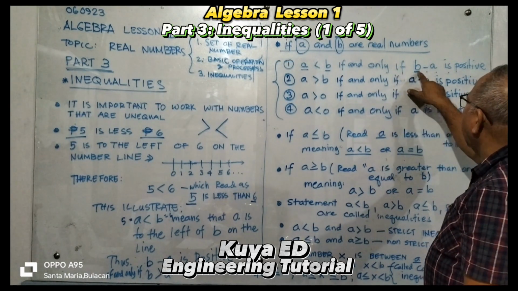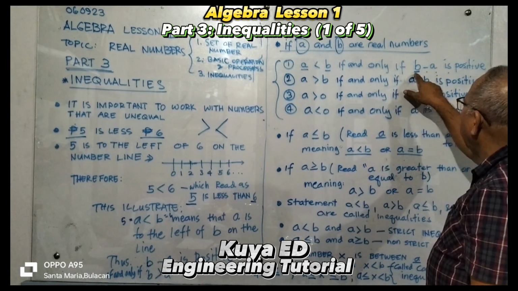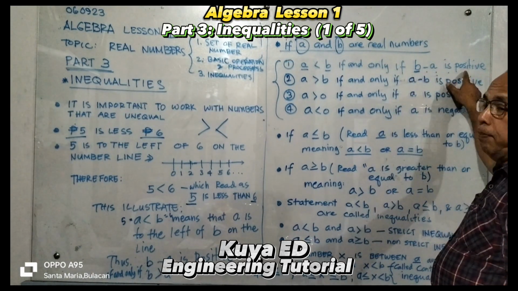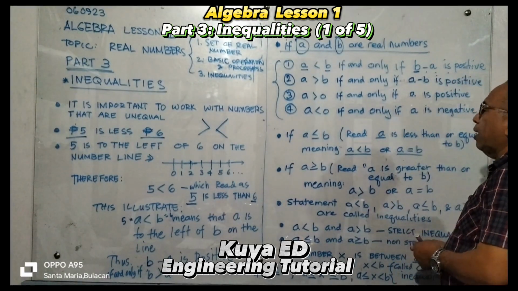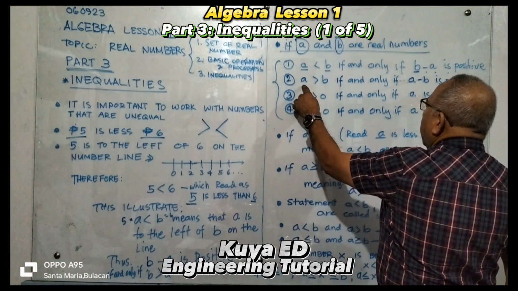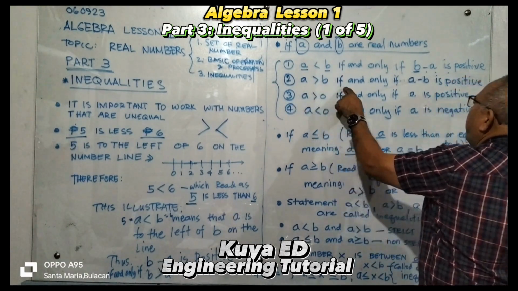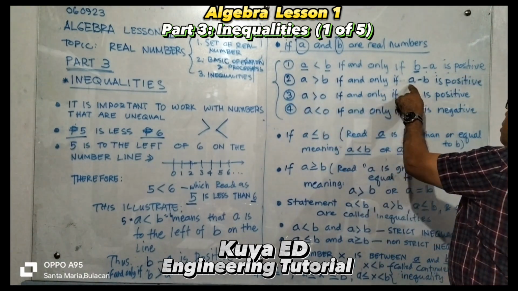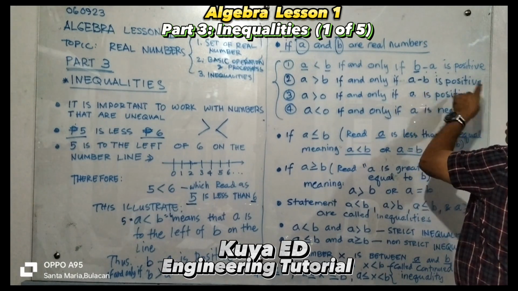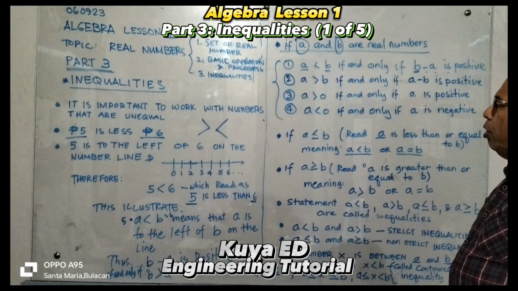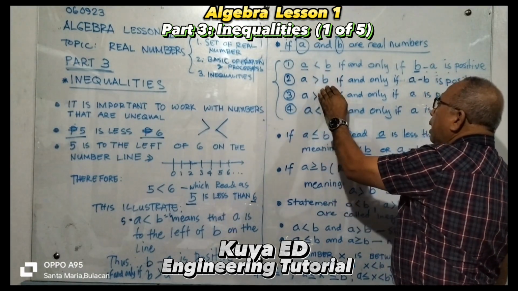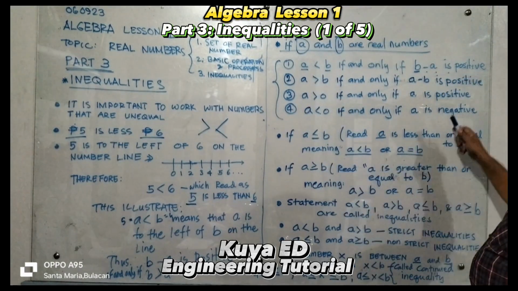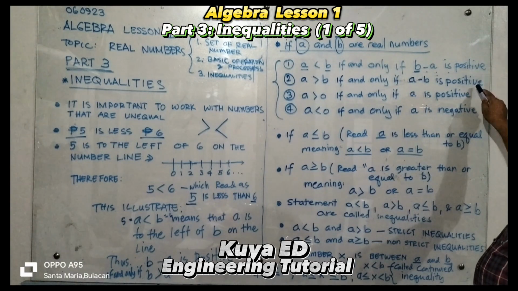Kaya, pag binawas natin ang A sa B, positive ang lumabas. Katulad din dito sa second statement, A is greater than B if and only if A minus B is positive. Kung malaki ang A, bawas natin ang B, then ang sagot daw ay positive.